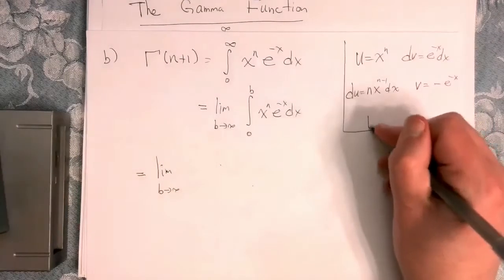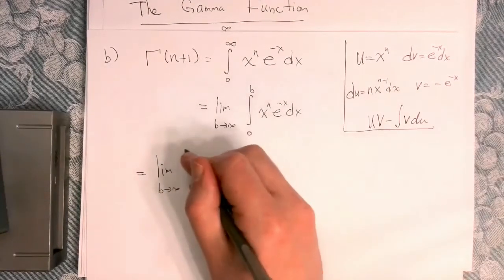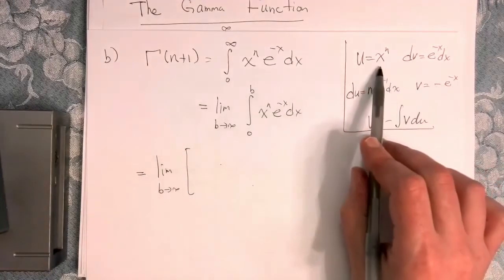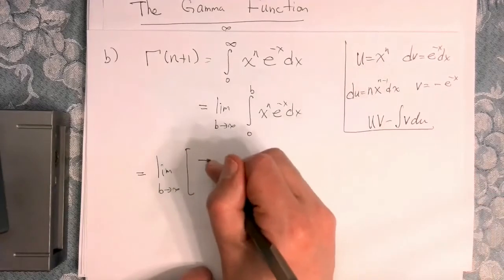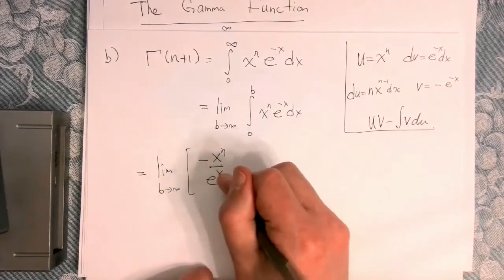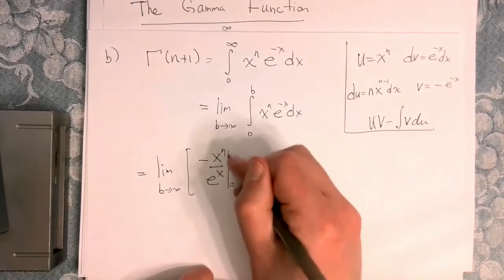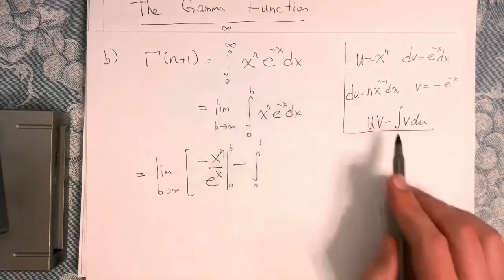Okay, so integration by parts. Let's see here, u times v. Okay, so u times v, I'm going to write it like this if you don't mind. So u times v minus, of course, evaluation bars, don't forget those, minus the integral from 0 to b of v du.